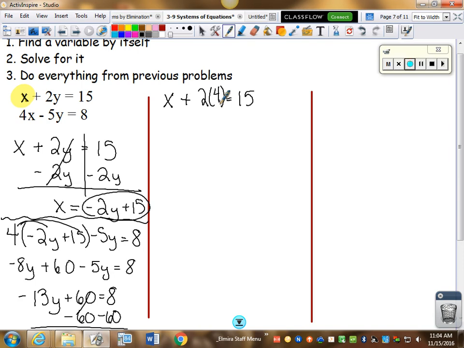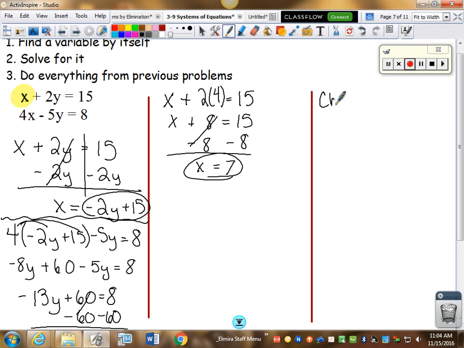Okay, so x plus 8 equals 15, multiplying that together. Subtract 8 both sides. 15 take away 8 would be 7. Okay, so a lot less work to get the other variable, but getting the first one's tough.